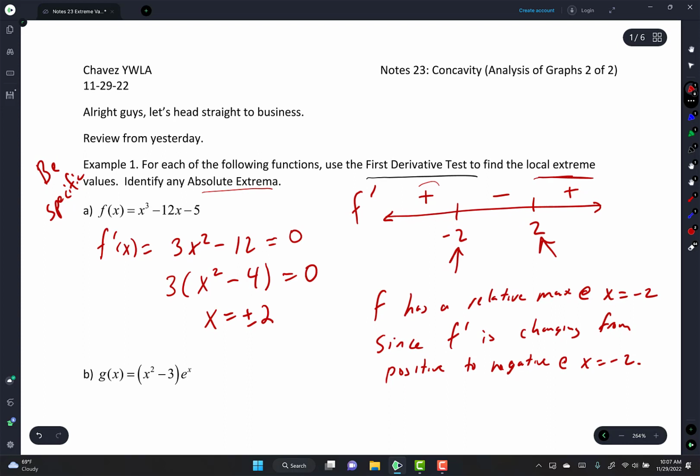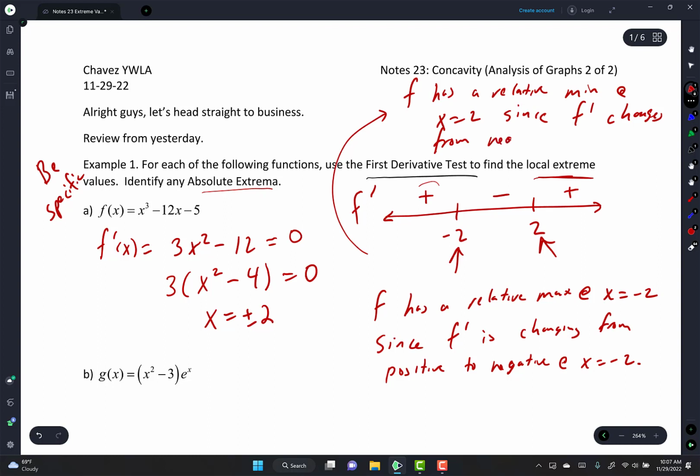So I'm going to write f has a relative min at x equals 2 since f prime changes from negative to positive at x equals 2. I know it sounds like you're being redundant, but that's fine. How do we feel? Okay, perfect.